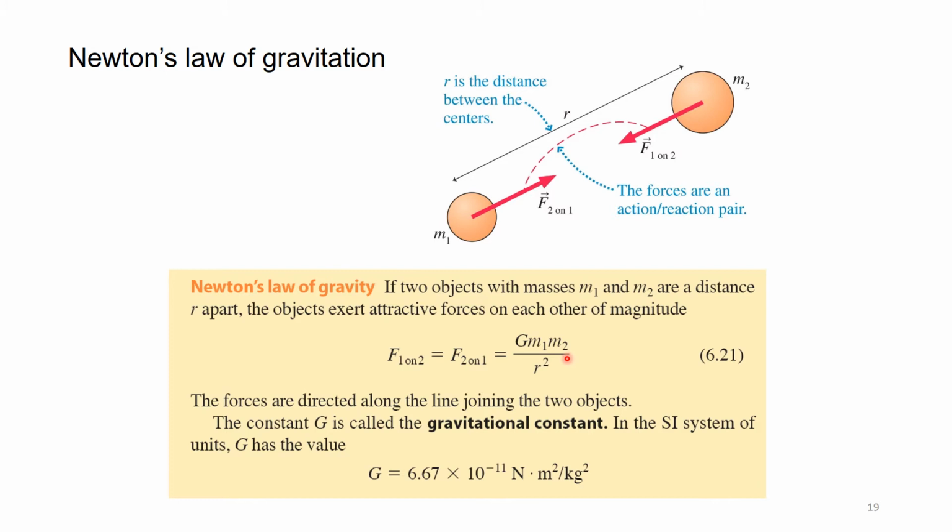However, if you have two masses or one mass that's really big, like the mass of the Earth, that's in the order of 10 to the 24 kilograms, so that's huge. If you plug in the mass of the Earth in this equation, then even with the small value of G, you still get a substantial force. That's what we see when we drop an object.